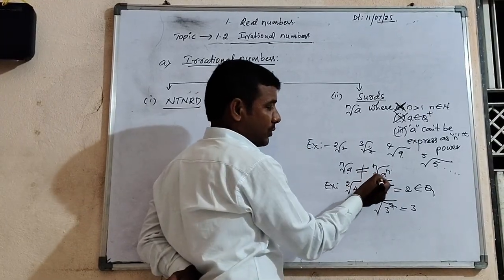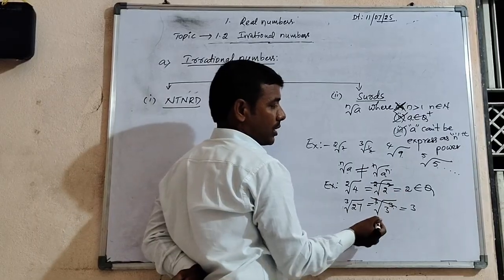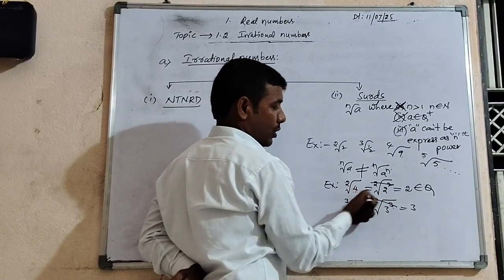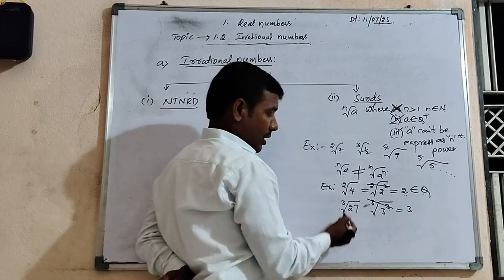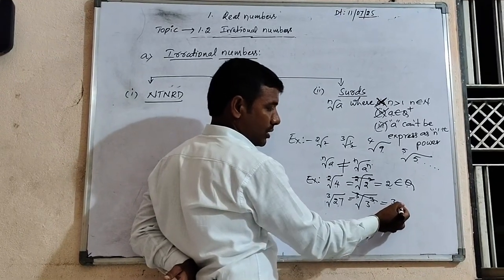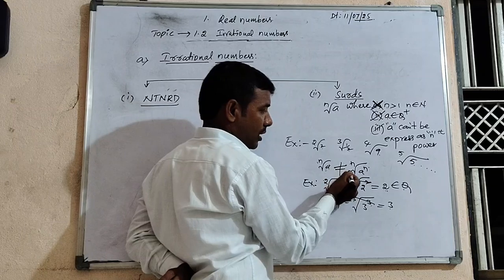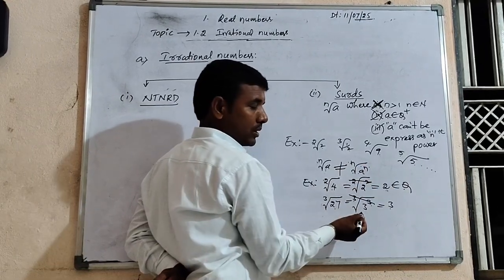If you express it in such a way, what will happen? See, now these are 2 examples. We never get surds. The square root of 4, the answer is directly 2. Is it a surd? No, it is rational. Now the cube root of 27, its answer is 3. Is it a surd? No, it is rational. Meaning, if the nth root of a can be written in the form of the nth root of a to the power of n, we cannot make surds.